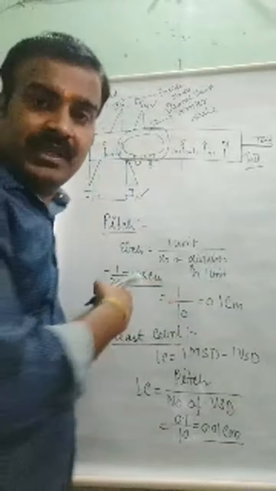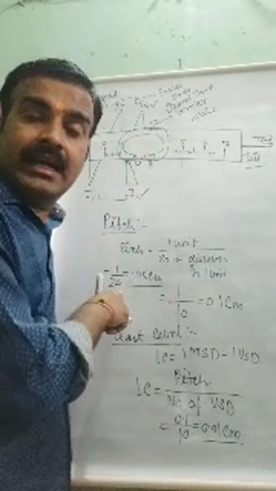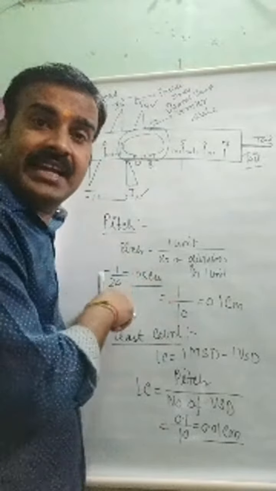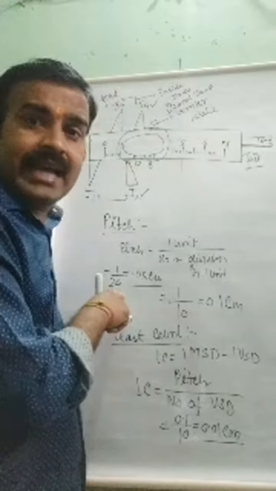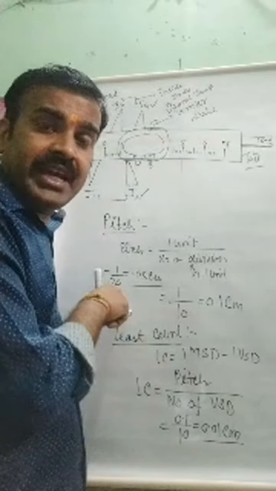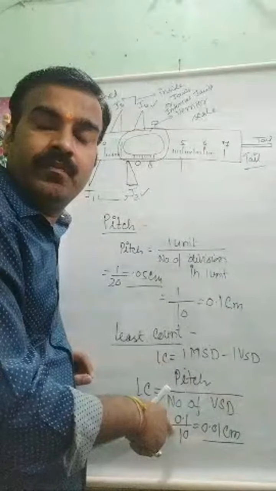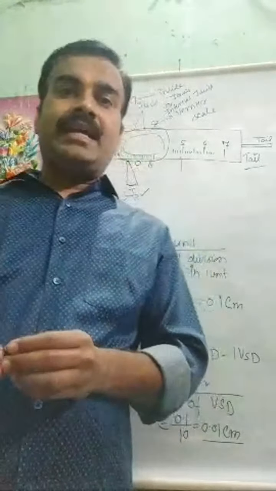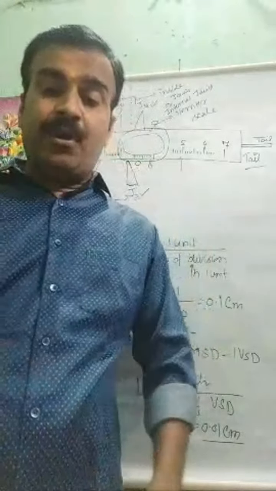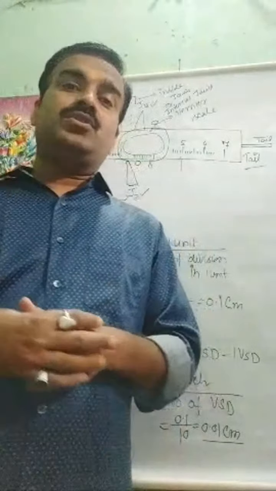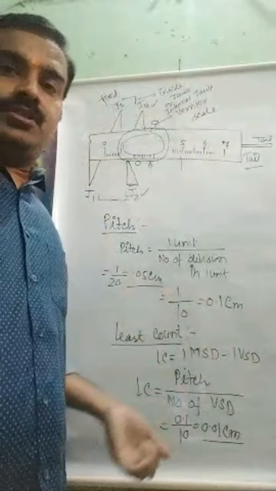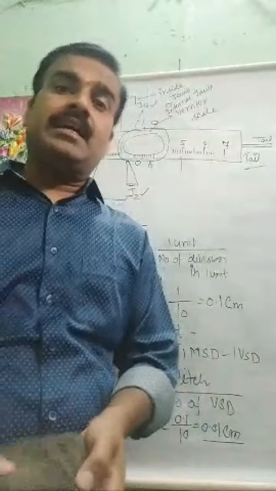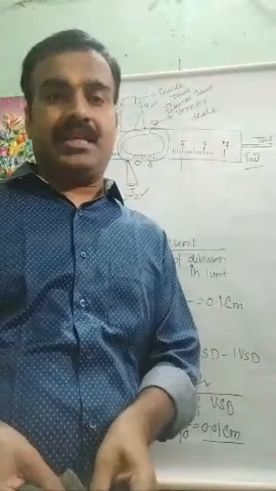You have seen this. That means this has changed, and if this changes, so will the rest. Keep this concept in your mind: once the number of divisions changes, the pitch will change as well as the least count.